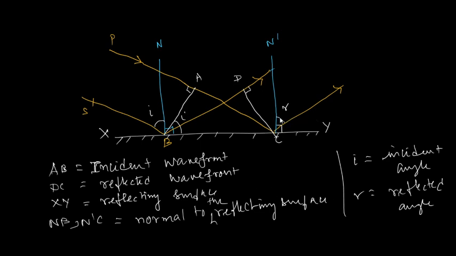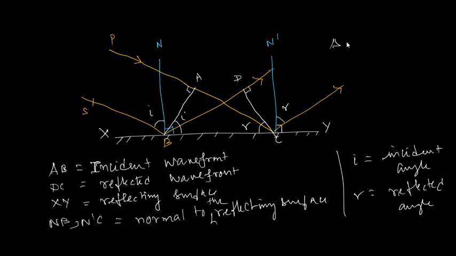Now when this is R, this is also equal to R. Now we are able to identify the two triangles ABC and BDC. They lie on the same plane and the same base BC. So these two triangles are congruent.